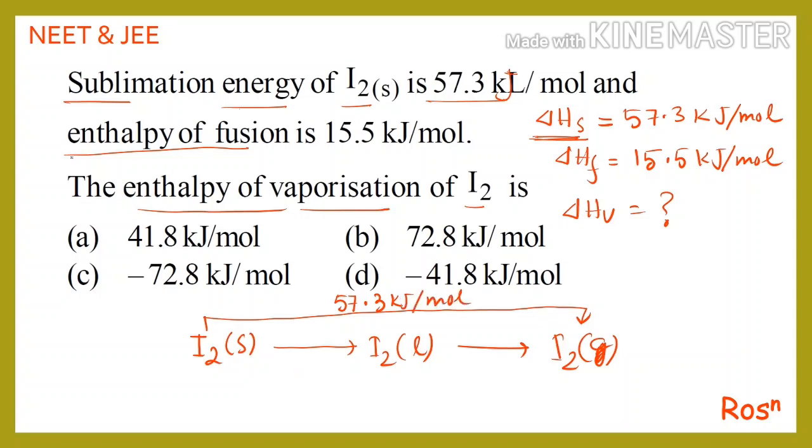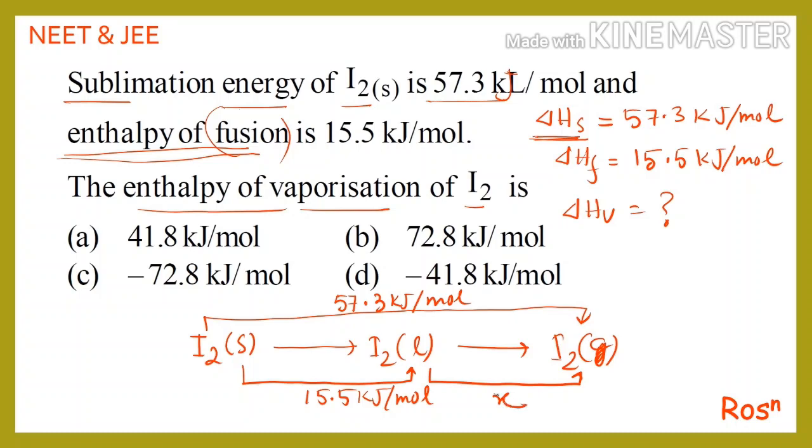Now the enthalpy of fusion. Fusion means solid to liquid, that is equal to 15.5 kilojoule per mole. Clear? You have to find out the enthalpy of vaporization, that means liquid to gas. Let this be equal to x.